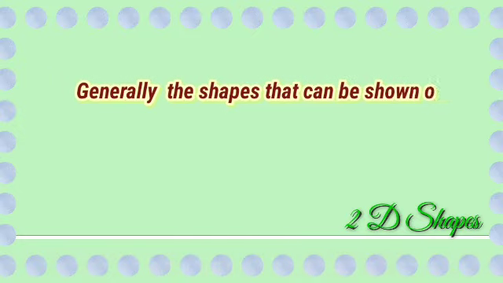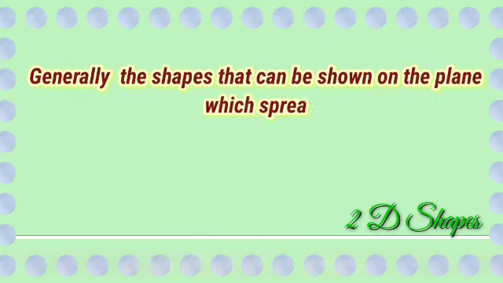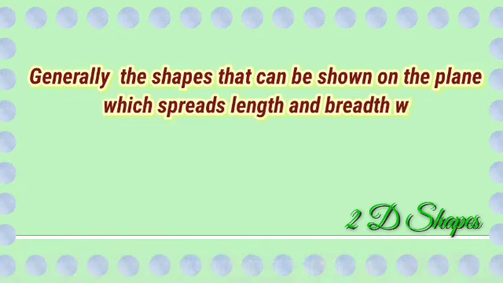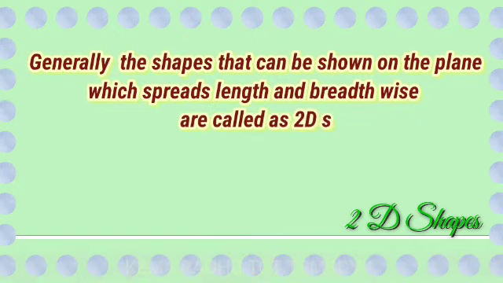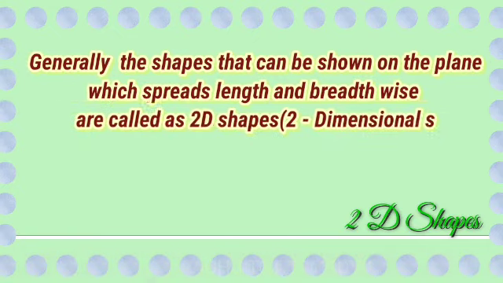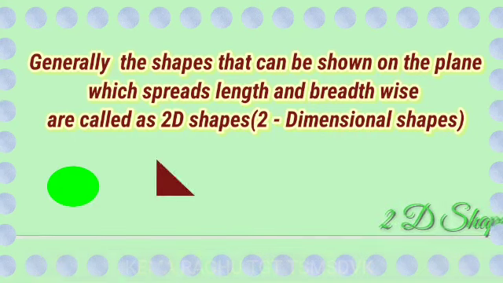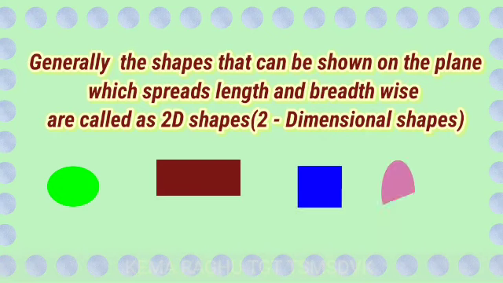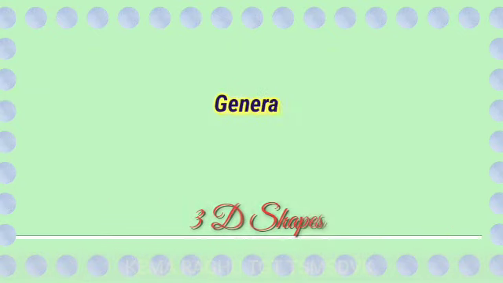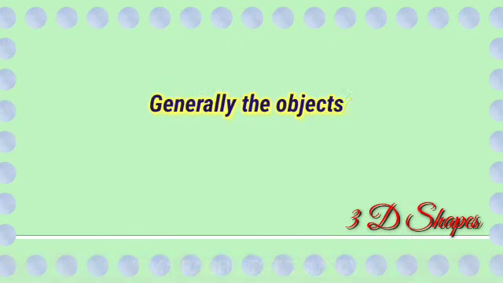So distinguishing based on the shapes, generally those which are shown on the plane, which spread lengthwise and breadthwise, are called 2D shapes, like circle, rectangle, oval, square or hexagon. Any geometrical shape that spreads over a plane is in 2 dimensions.